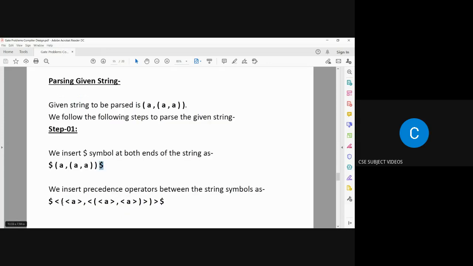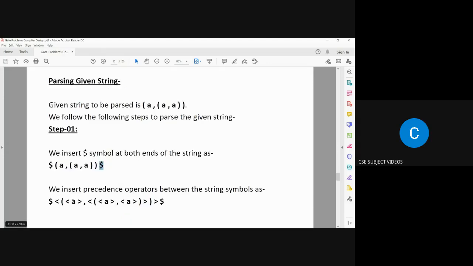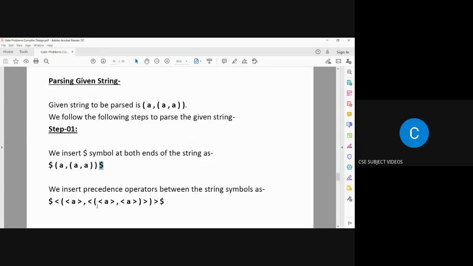Then open bracket less than A, and then A comma, next A and then comma: A greater than comma, A greater than comma.